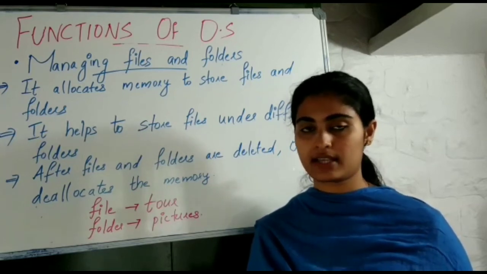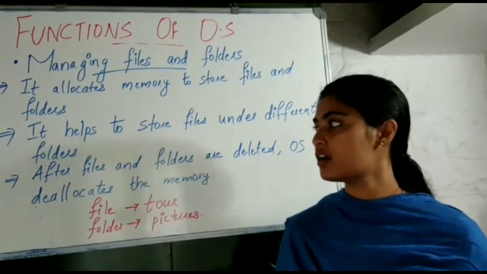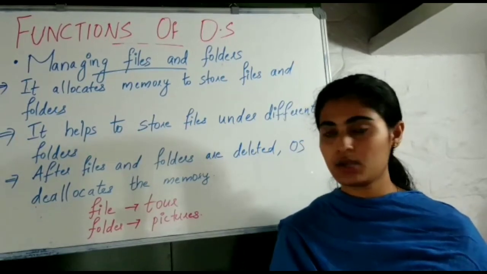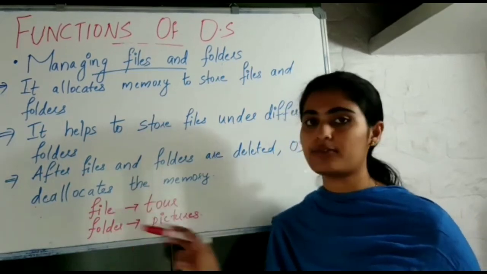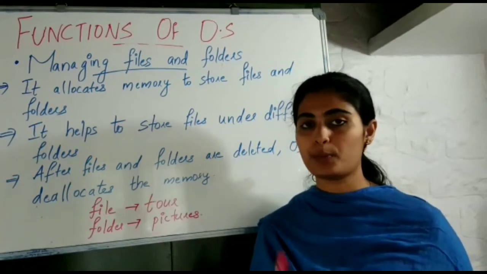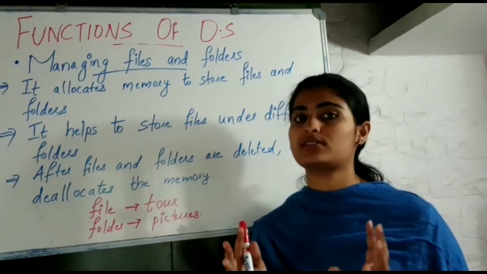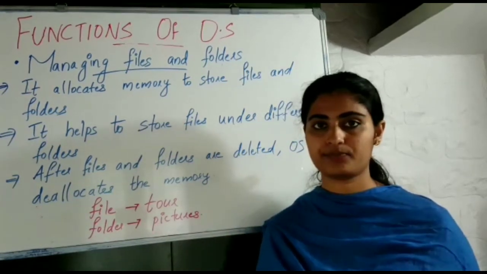Okay. And second point is it helps to store files under different folders. I want to store this file named tour inside the folder named pictures. Okay. So operating system is the one who saves or stores these files under these folders. Okay.